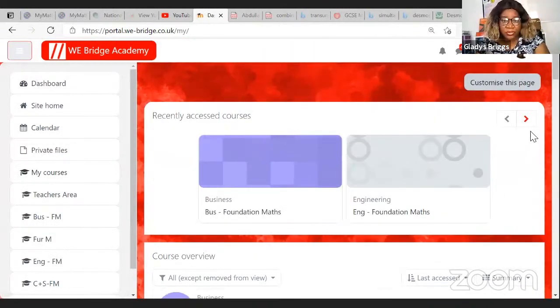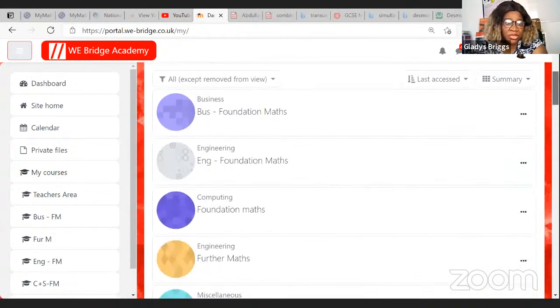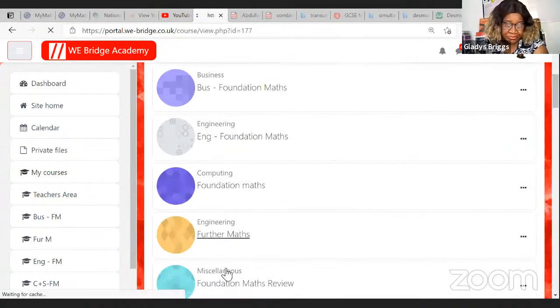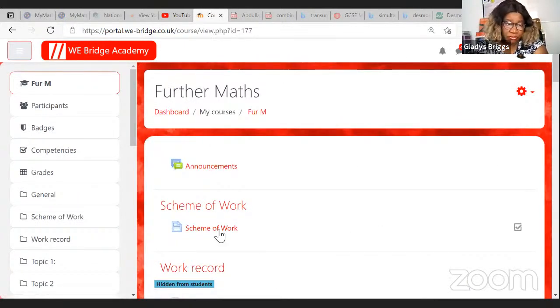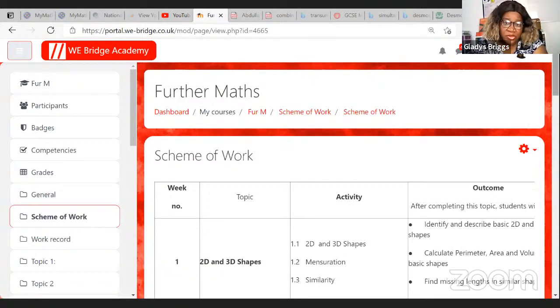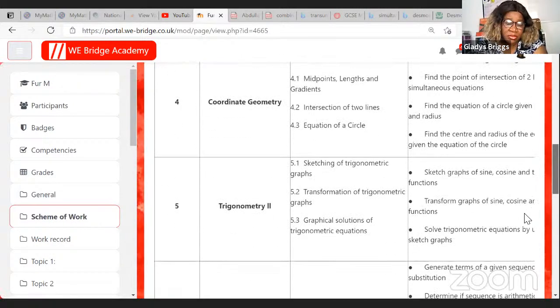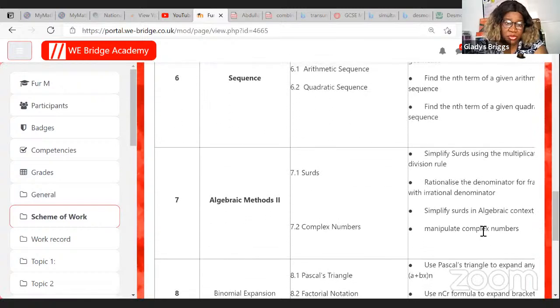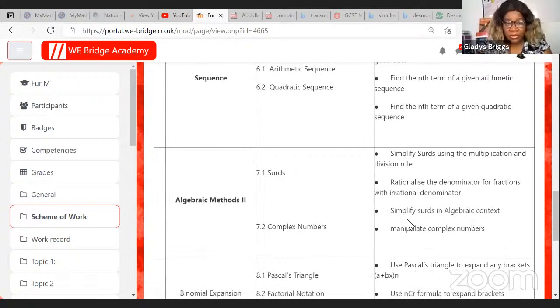Okay, so let's have a look at what you should be covering today. In your scheme of work for topic 7, you should be looking at surds and complex numbers, okay?